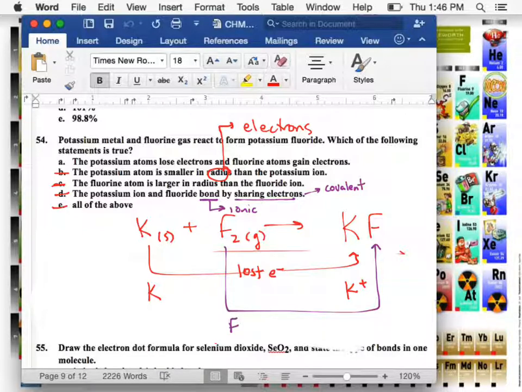It went from neutral F2 to F minus. How did it become F minus? It gained electrons. And if we go back and look at the statement, potassium atoms lose electrons. Yep. Fluorine atoms gain electrons. Yep. That statement is indeed true.